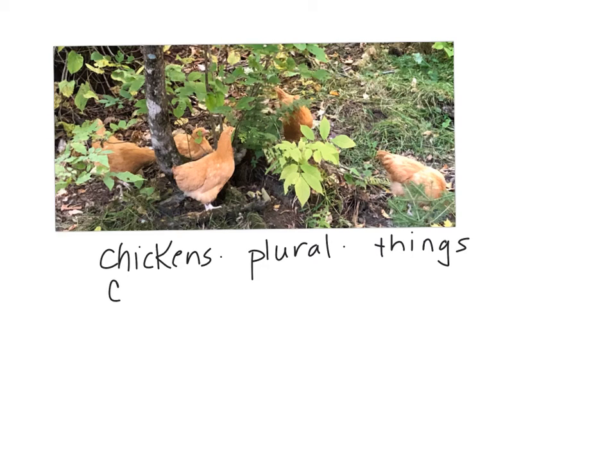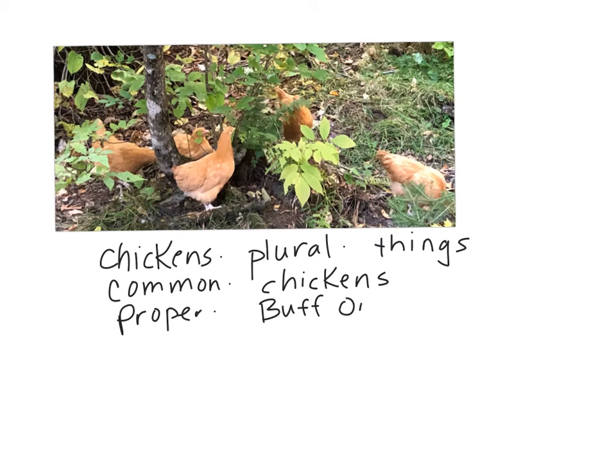It could be a common noun because chickens is just the general name of these birds. The proper name of this particular breed is called the Buff Orpington. So because these actually have a specific name of a breed, they can be proper.